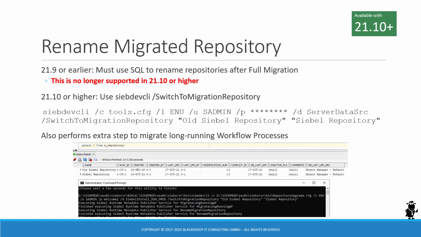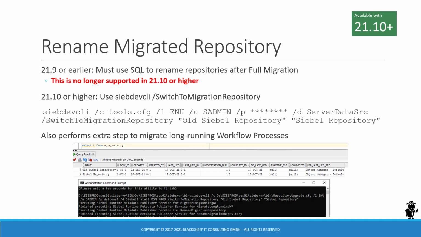Instead, we have the siebdevcli utility, which gets more and more exposure in Bookshelf and documentation and in our administrative tasks. And this utility now has a new command line switch called switch to migration repository. And it works the usual way. So you have the CFG file, language, username, password, and data source like you use for Siebel Tools or siebdev.